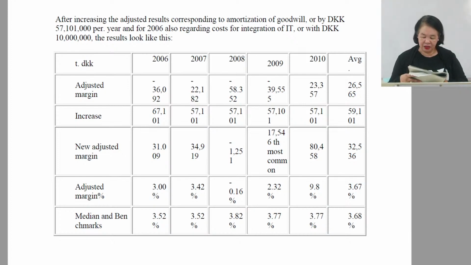Average pa iba-iba. Okay. Adjusted margin, increase. Newly adjusted margin from 26.5 to 32.5. Okay. So, adjusted margin percentage, 3.67%. Median and benchmark, 3.68%.